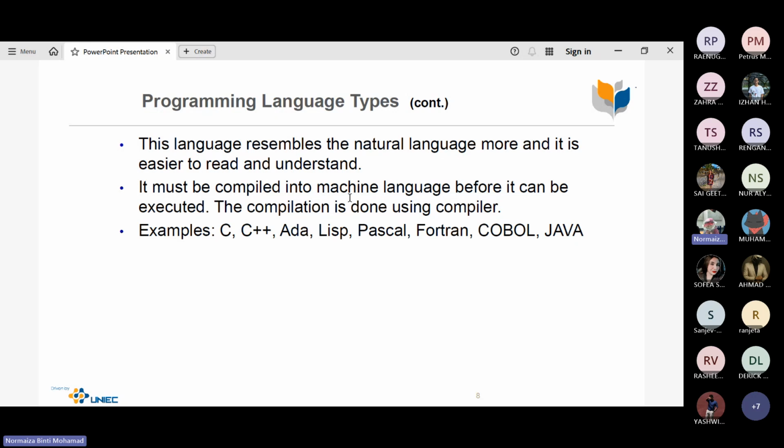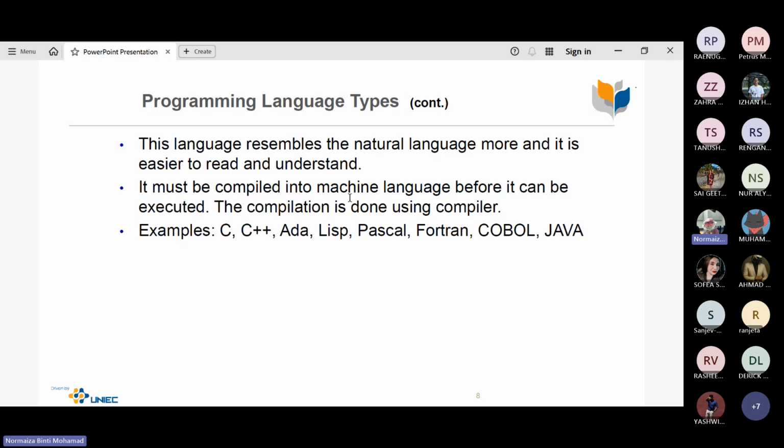Here are some examples, but there are other programming languages, of course. We have C, C++, its cousin C Sharp, there's Ada, maybe you never heard of it, it's quite old. Pascal, that's also quite old. Fortran, which is used mostly for scientific computation.